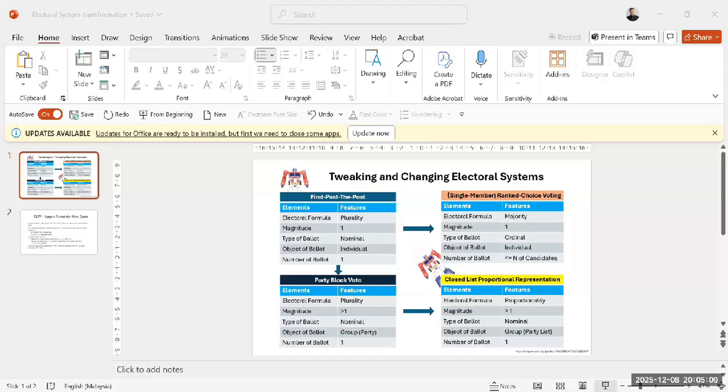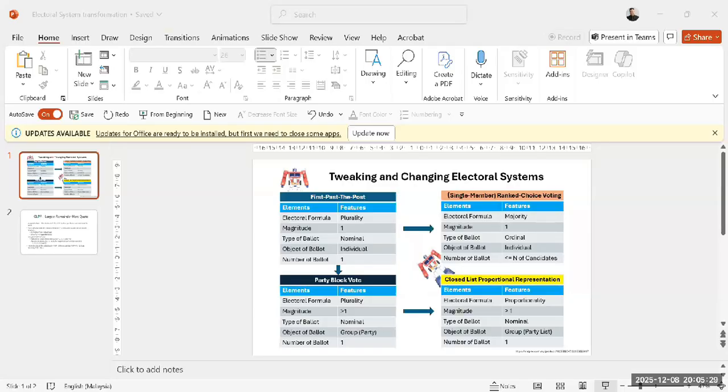I wish to clarify party block vote so that I get my understanding correct. Go ahead. Say for example, in first past the post, we have one party and one candidate, and for one area there could be multiple candidates from multiple parties.